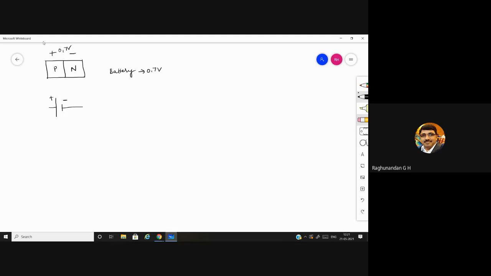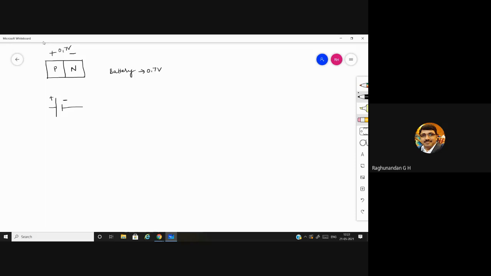That's why I told you to just take a diode and connect it to a voltmeter. You can observe a constant 0.7 volt without connecting any power supply. That means it is acting like a battery. But it doesn't mean that you can take this diode and charge something. You cannot do that. It is one of the characteristics of the diode.